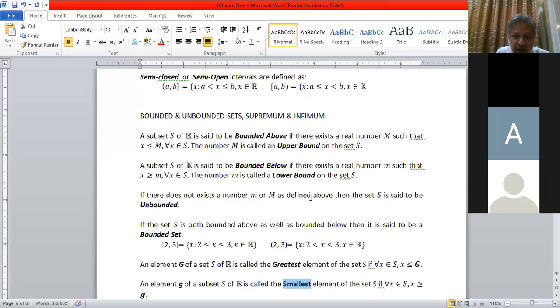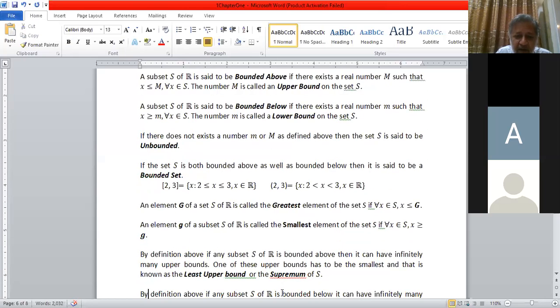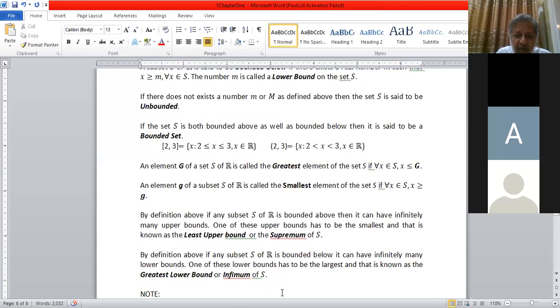So we are introducing the terms bound, upper bound, lower bound, greatest element of the set, smallest element of the set. And in the same way, we then introduce the definition of supremum and infimum. By definition, if a set is bounded above, it can have many upper bounds, and the smallest of those upper bounds is the least upper bound, or the supremum.